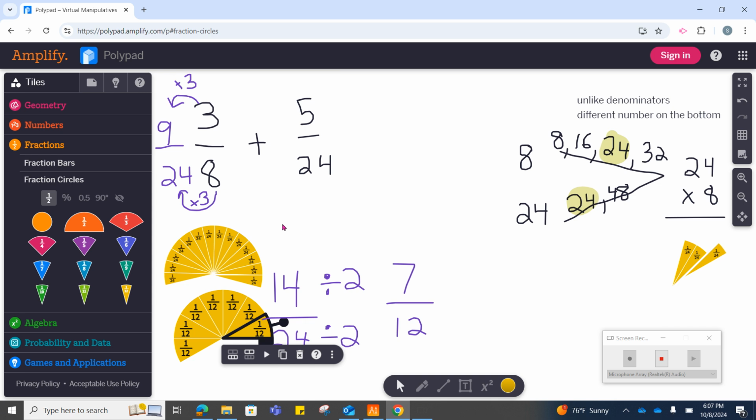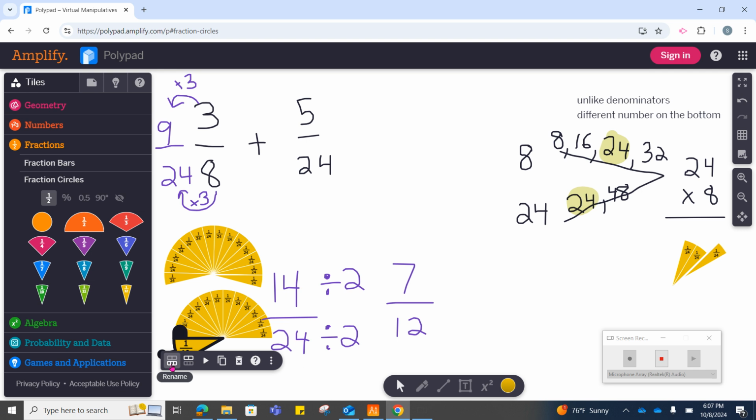I could rename these. Split them all to 24ths. Okay, so as we said, 1, 2, 3, 4, 5, 6, 7, 8, 9, 10, 11, 12, 13, 14.